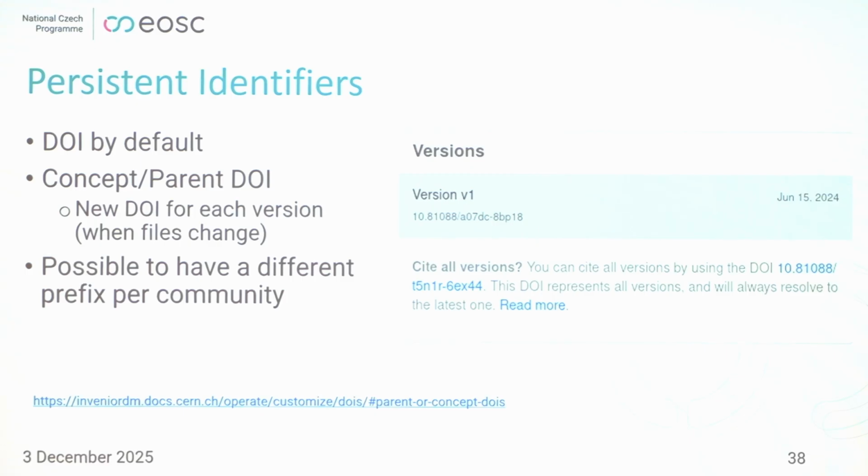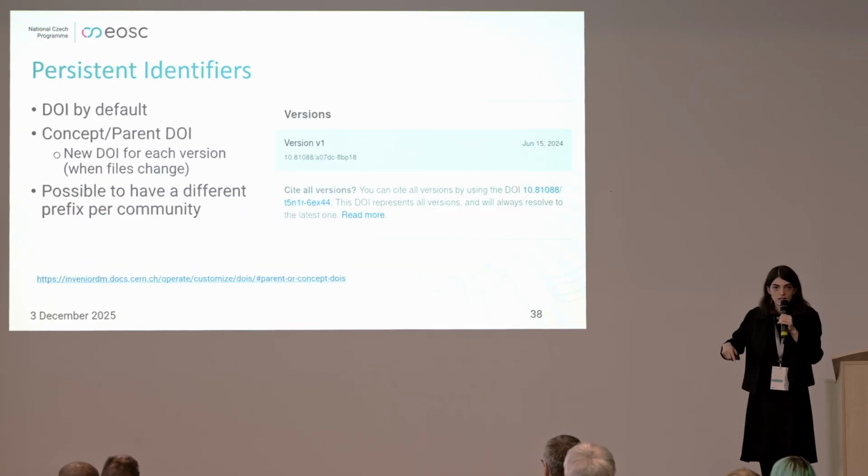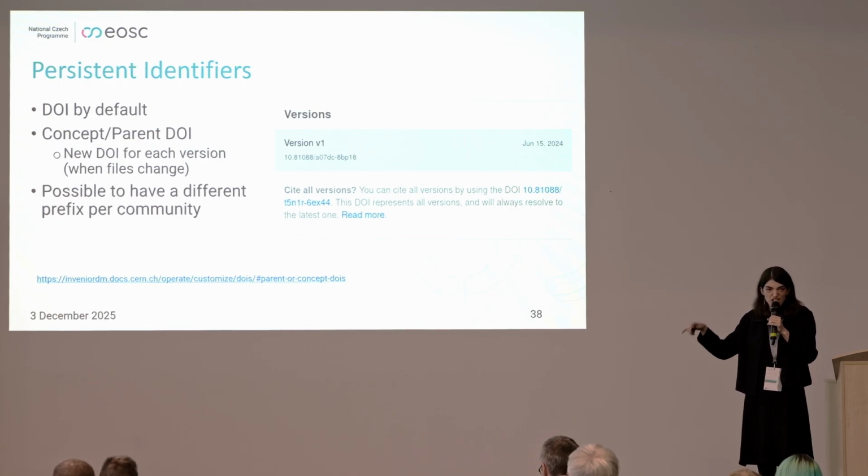The way it works by default in the system with the versioning system is that a new DOI is minted for each version of the dataset. By version, I mean the data deposited in the repository itself changes.